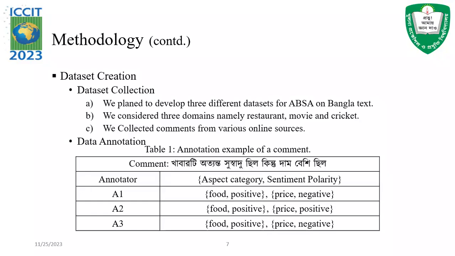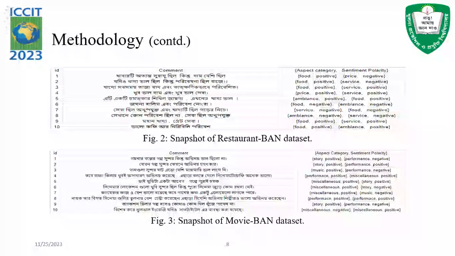Data annotation. Table 1 shows an annotation example of a comment. Three annotators annotated the comment. This comment was finally annotated based on majority voting as having food aspect and positive polarity as well as price aspect and negative polarity. Figure 2 and Figure 3 show a snapshot of the Restaurant 1 and Movie 1 datasets.